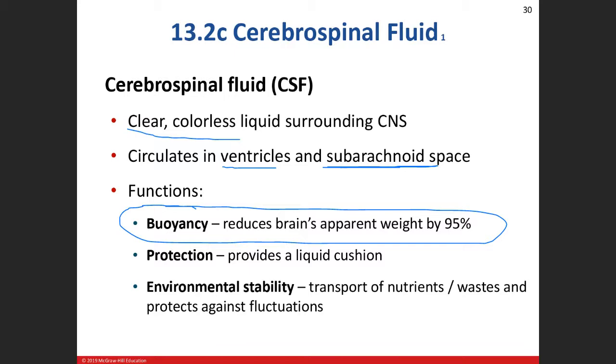Has anyone ever had a spinal tap before? Casey, did you have any headaches after they took the cerebral spinal fluid out? It's not uncommon.